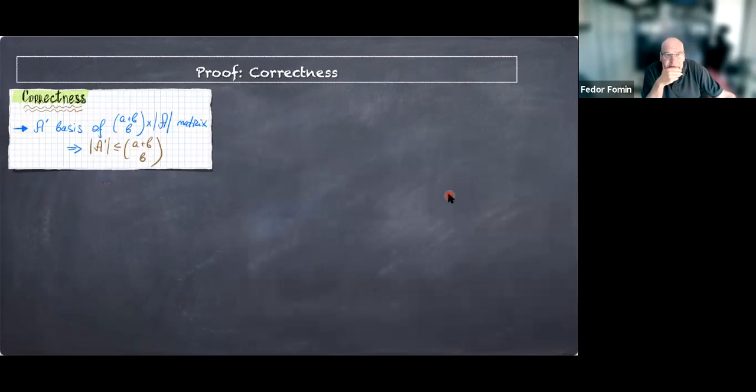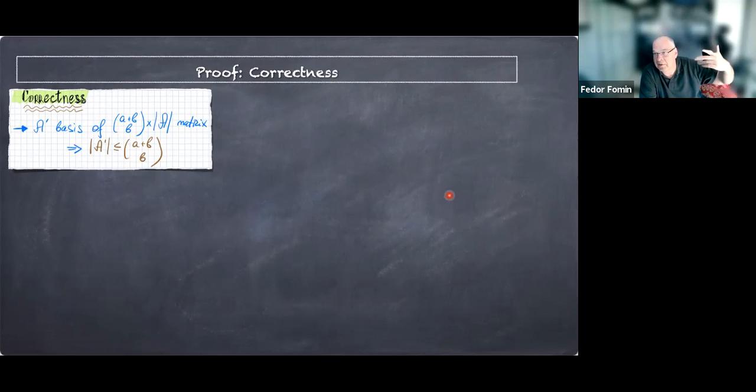Okay, so now about the correctness. First of all, what is the size of the computed set? Because we claim that the size of the computed representative family A prime is A plus B choose B. So I have a matrix with A plus B choose B rows and A columns.